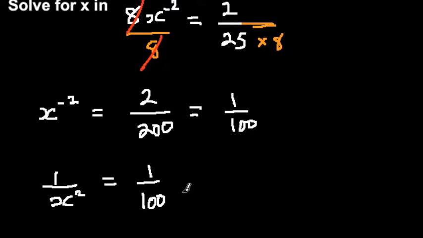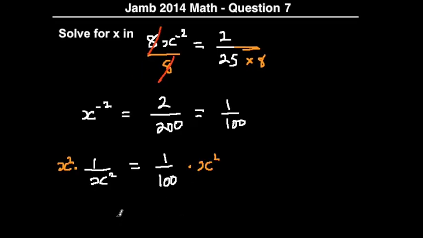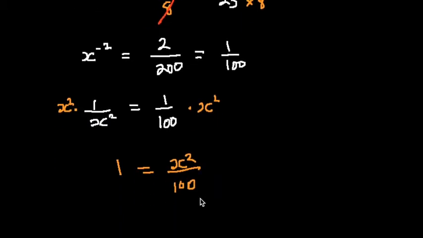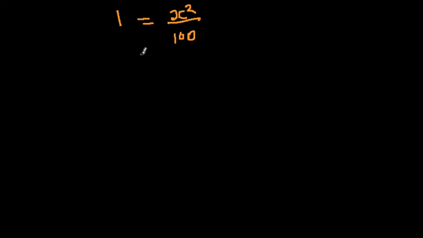But to follow the same approach we've been using before, I'm going to multiply both sides of the equation by x squared. Therefore, we know that 1 is equal to x squared over 100. Now, what we need to do is multiply both sides again by 100.